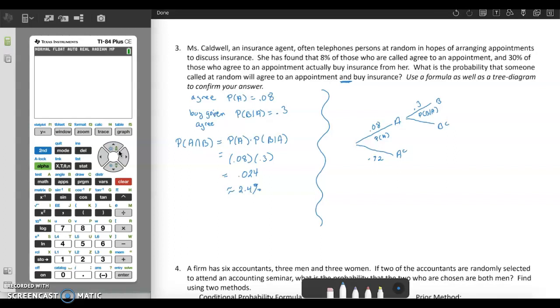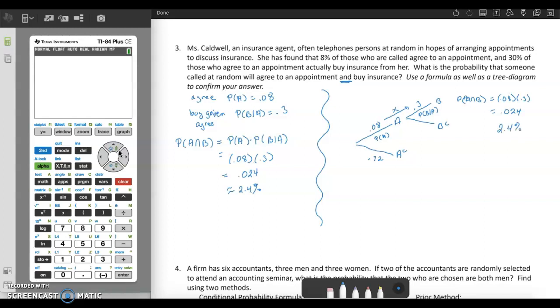So how this ends up working out is whenever you're following your tree diagram branches, you follow them out and you multiply them. So the probability of A intersect B is what you get from following that full branch out, which would be 0.08 times 0.3, which again is the 0.024 or the 2.4%.